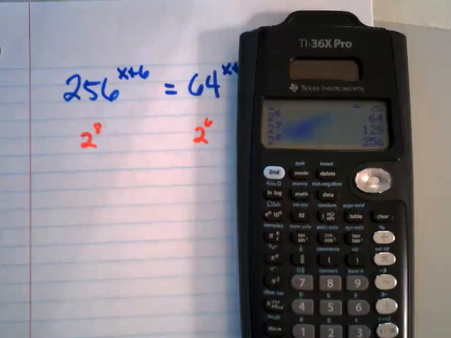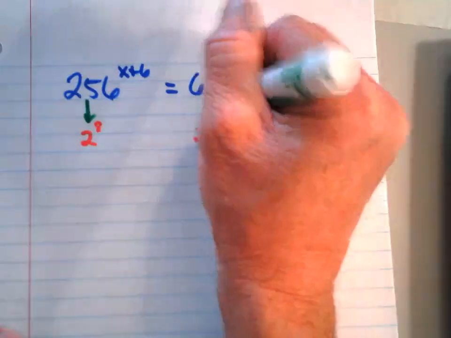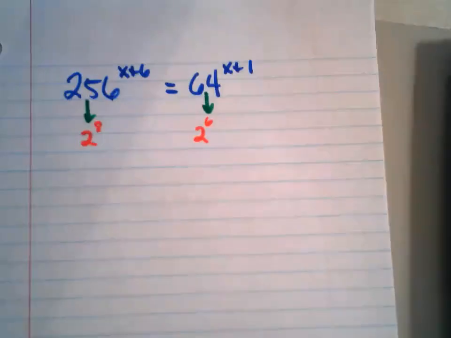So what we did is we changed 256 to 2 to the 8th power and 64 to 2 to the 6th power.